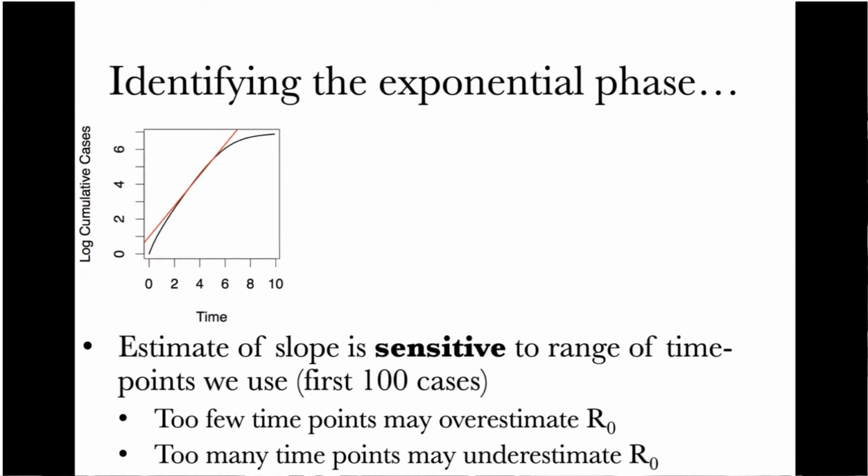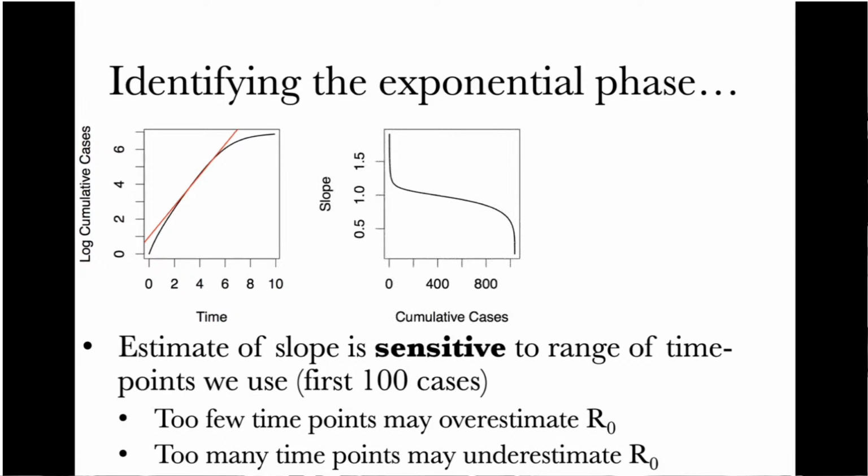Initially, you can assume the proportion who are susceptible is as good as the full population, meaning it's not culled. So as you pick many time points, you risk picking a phase that is not exponential.